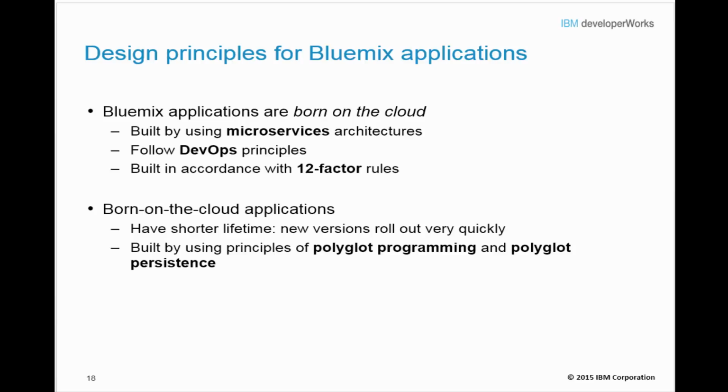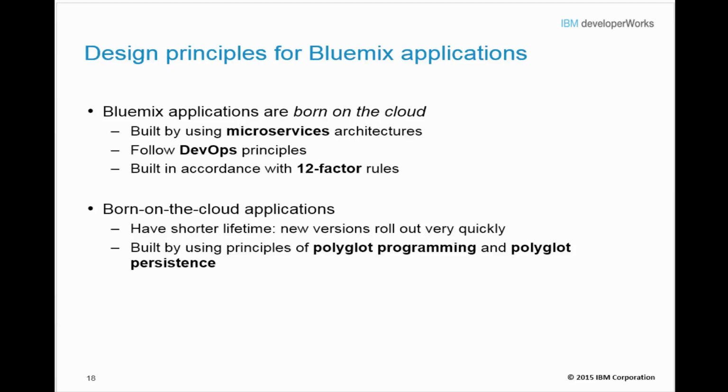That means that they follow a set of architectural principles that I want to take you through here for the next few minutes. The first of those architectural principles is that they're built using a microservices architecture, and we'll go into more details about what that means later on in the talk. The second is that the teams that build these applications follow DevOps principles, in particular principles like continuous integration and continuous deployment, taking advantage of a lot of the facilities that Bluemix provides.